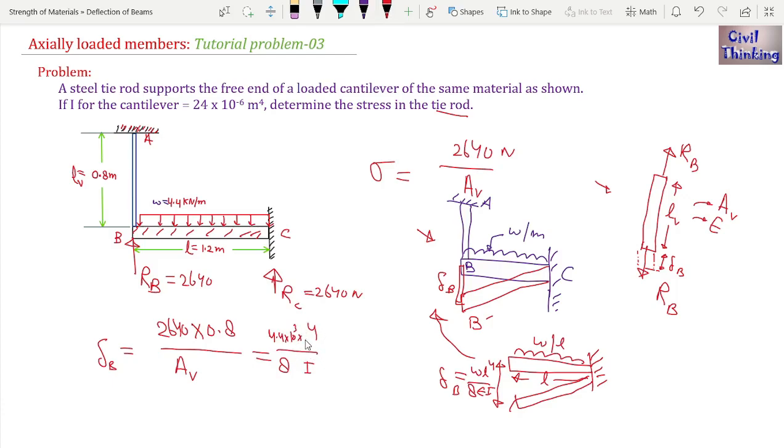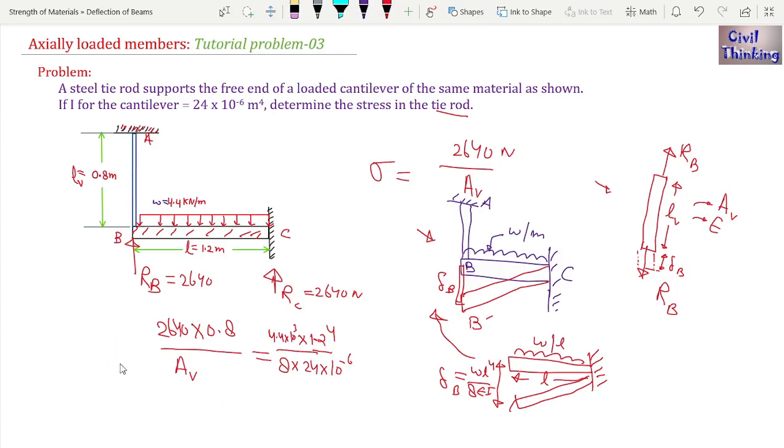Now L is 1.2, 1.2 power 4, right? Now 8I. I is the moment of inertia. I for the cantilever is 24 multiplied by 10 to power minus 6 meter^4.